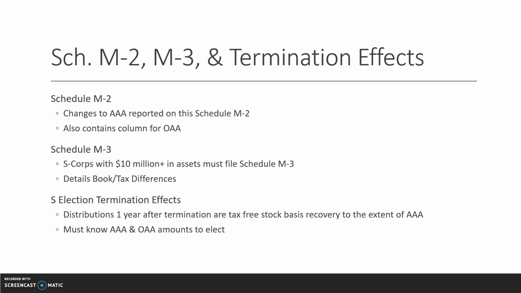You must know your balances in the AAA or the OAA to elect this, but that is a favorable tax status if you change over to a C Corp and decide to have distributions and don't want them treated as capital gains or dividends. You have 1 year to take these as tax-free stock recovery.